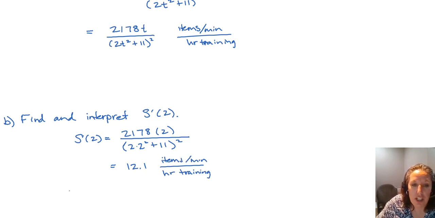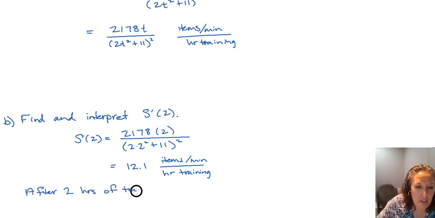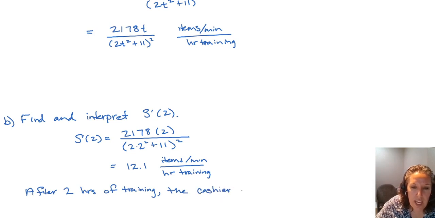So the interpretation of this is, after 2 hours of training, the cashier, this is a positive number, so that means an increase.